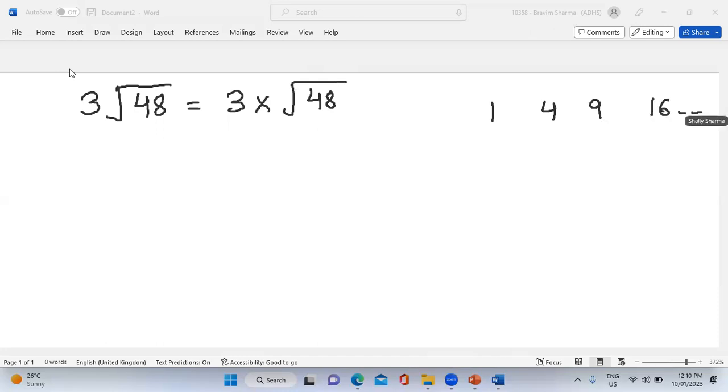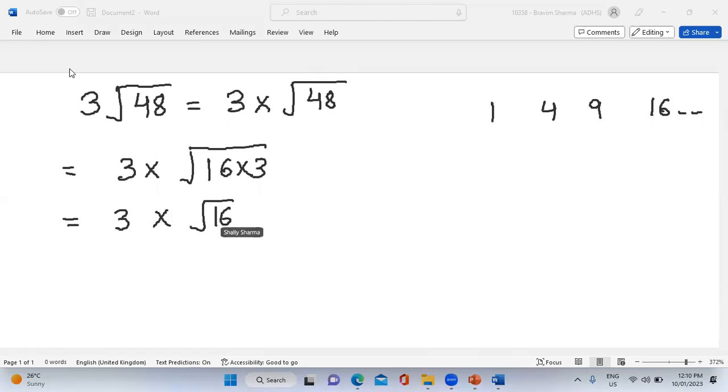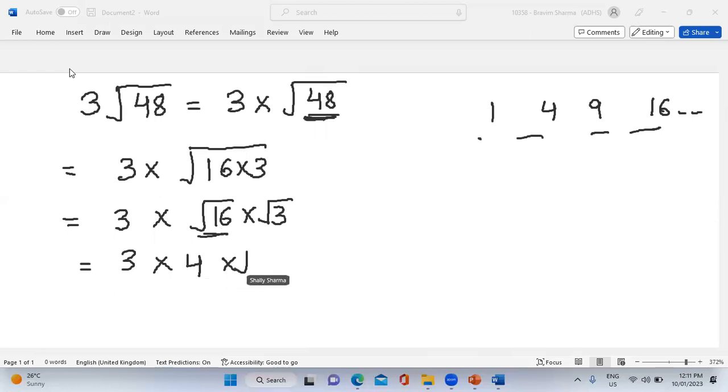If you know the tables, you can easily identify that square root of 48 can be written as square root of 16 times 3, so it will be 3 times square root of 16 times square root of 3. The main thing is we just need to write 48 as a multiple of one of these numbers so that we can use the perfect square part. So 3 times square root of 16 is 4, so 3 times 4 is 12, giving 12 root 3.